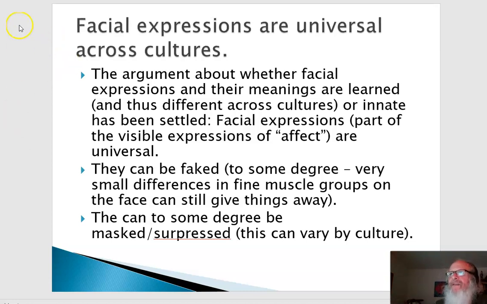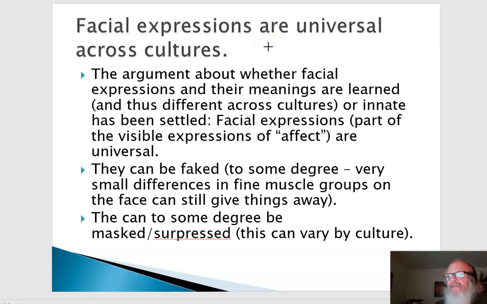The short story was that for a couple of decades, the basic argument was that everything is learned uniquely and individually, including language, including emotional expression.